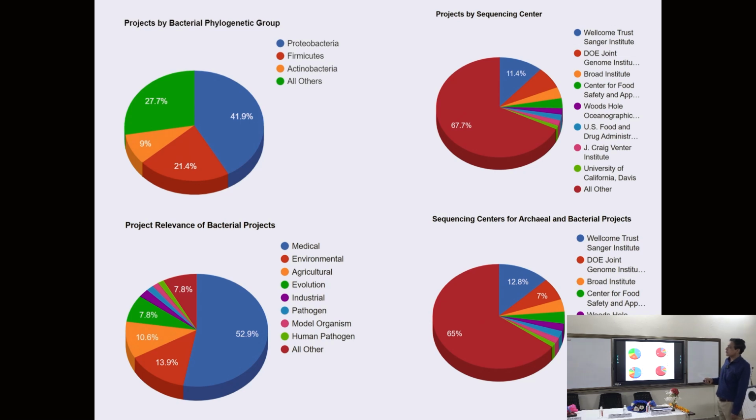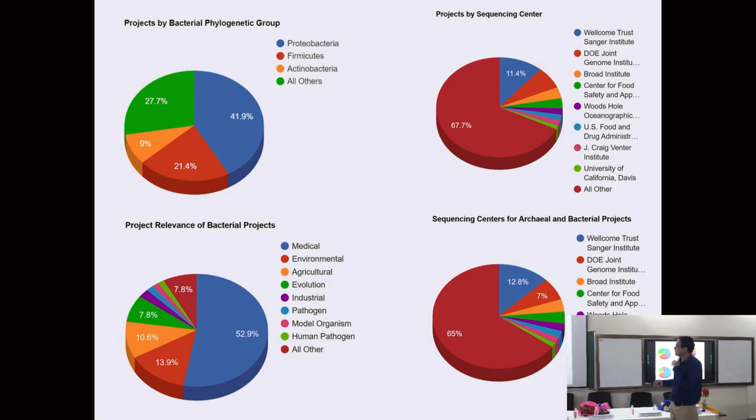Project relevance of bacterial projects, and you can see that more than 50% are medical, and then next is environmental, agricultural, and so on. And these projects are currently going on at many institutes.